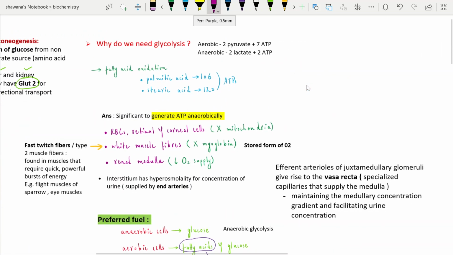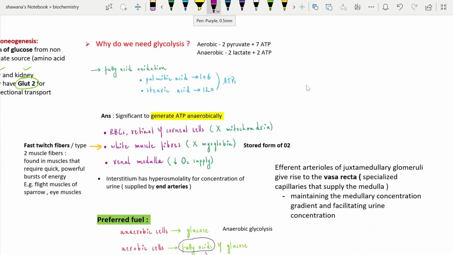The question arises: why do we need glycolysis? Because there are several other energy metabolism pathways that yield a high number of ATPs as compared to glycolysis. Talking about glycolysis, the aerobic pathway yields 7 ATPs and 2 pyruvate molecules, and anaerobic yields 2 lactate and 2 ATP molecules, but these are way lower than what we obtain from other metabolism pathways.